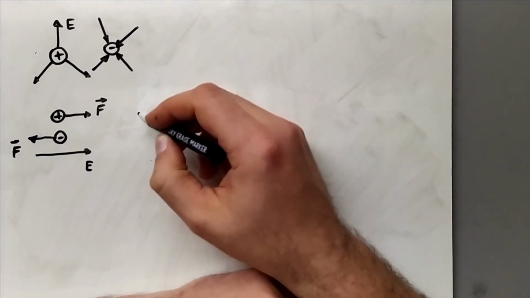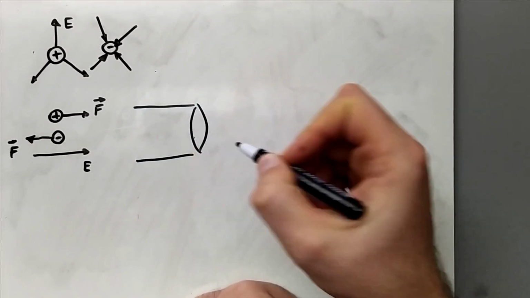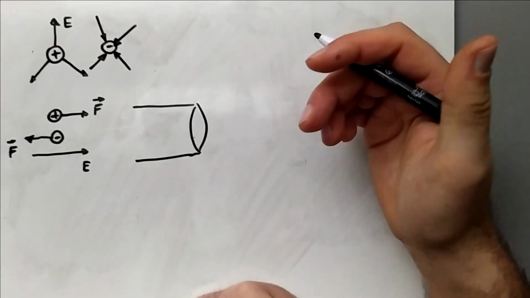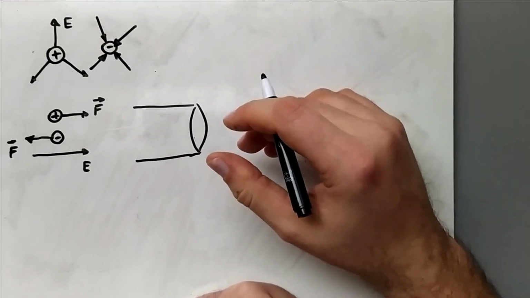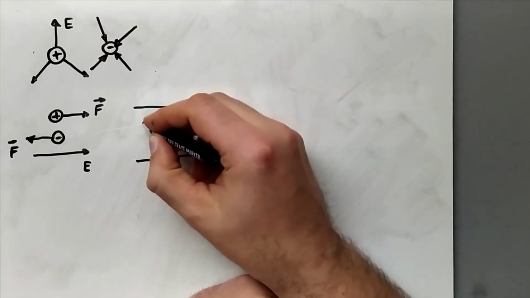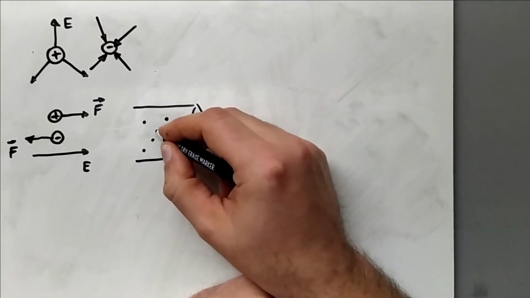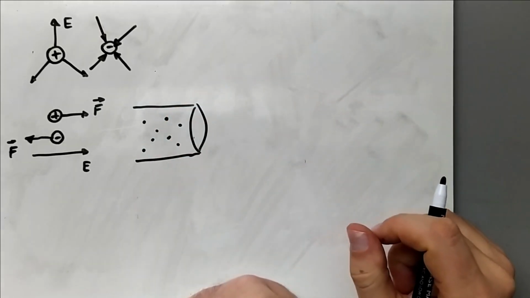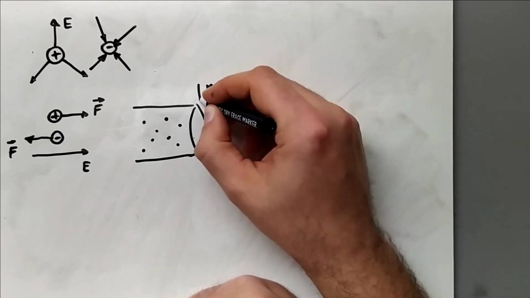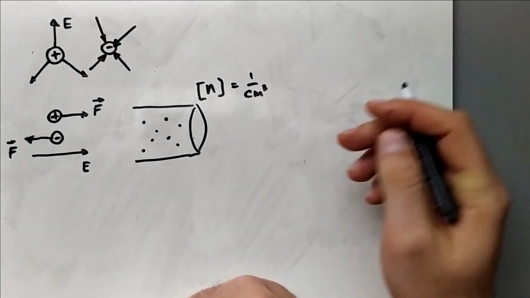So let us consider some metal. We know that a metal, by definition, because of its energy structure, where the valence and conduction bands overlap, always possesses multiple free electrons in the bulk of the material, and we can describe their density with N, which is in units of 1/centimeter cube.